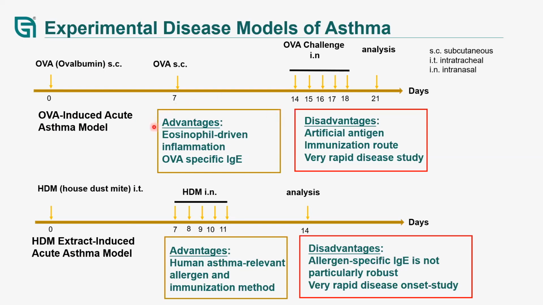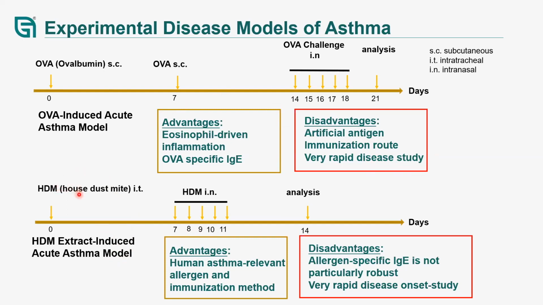Advantages are that this is an eosinophil-driven inflammation and the OVA-specific IgEs that are generated. Disadvantages are that it's an artificial antigen and the immunization route being sub-Q initially, and it's a very rapid disease study.